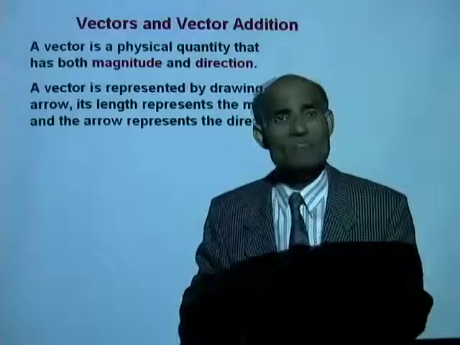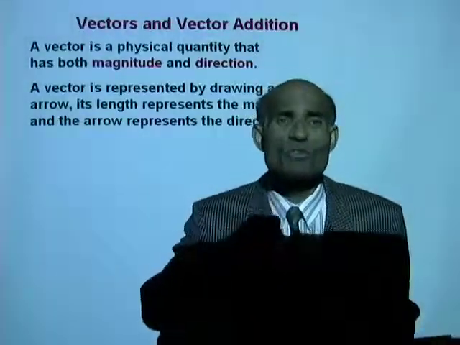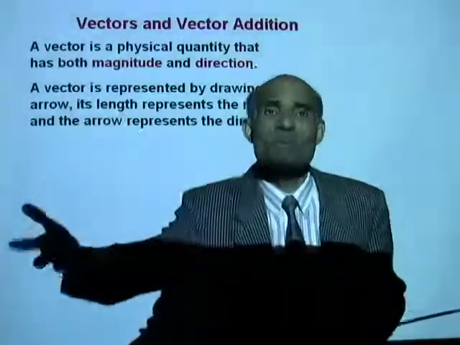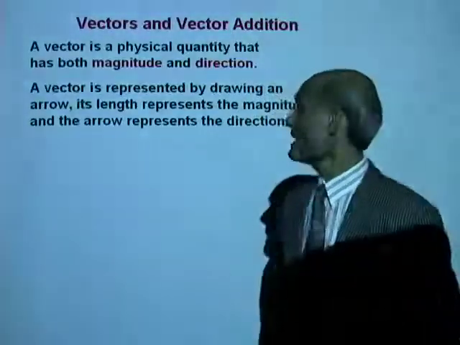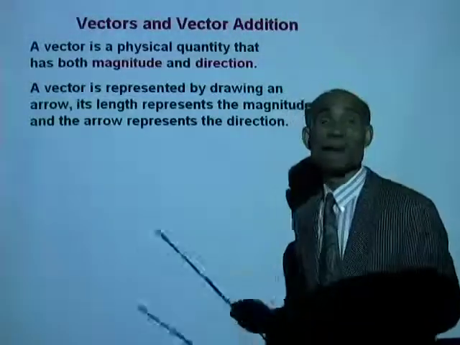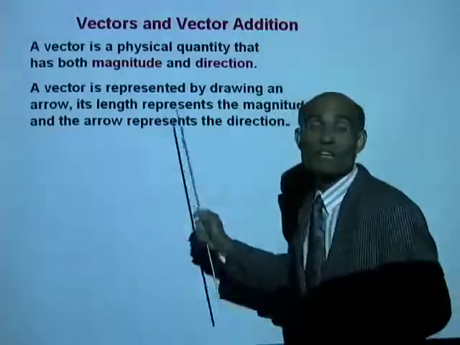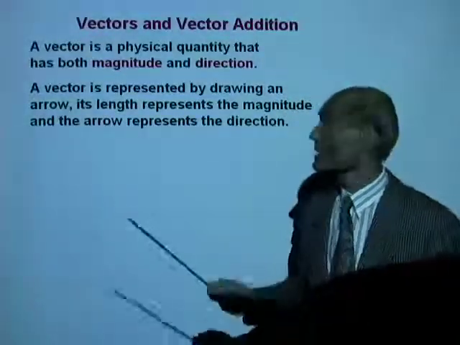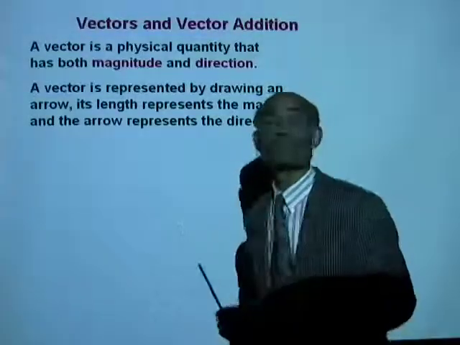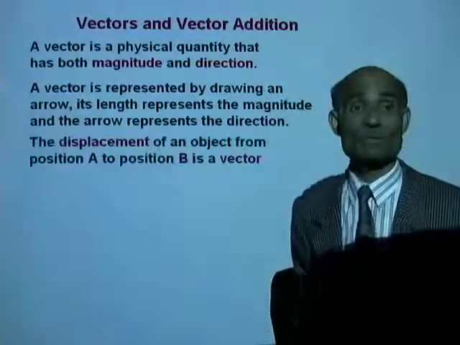Now, how do we represent a vector when you want to write a paper on it, for example? A vector is represented by drawing an arrow. Its length represents the magnitude and the arrow will represent the direction.